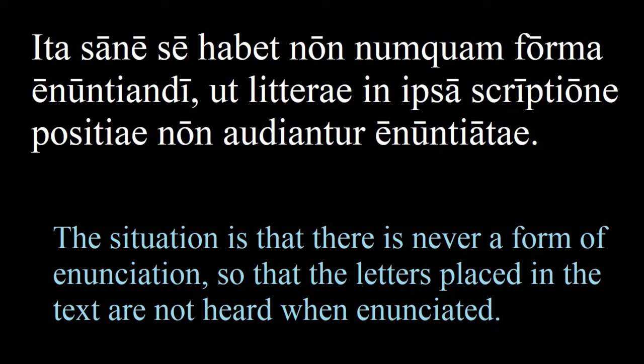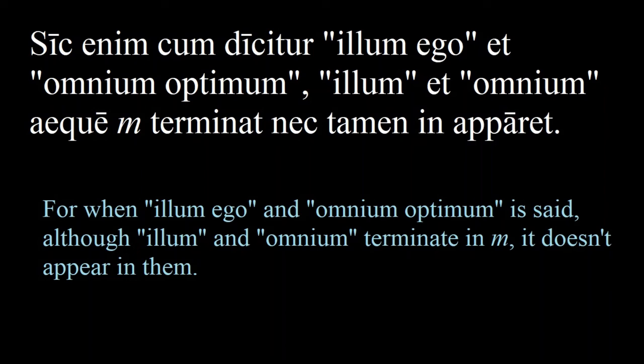The situation is that there is never a form of enunciation, so that the letters placed in the text are not heard when enunciated. In the following sentence, he also revealed that there was elision in words ending with an M. When a word terminating in M is followed by a word beginning with a vowel, that M was omitted.